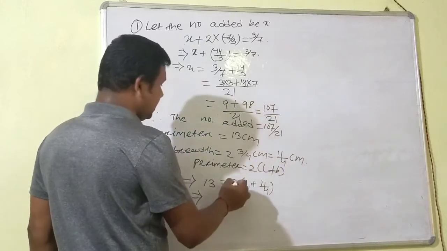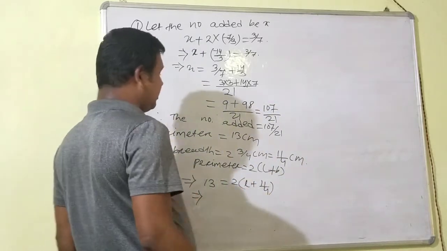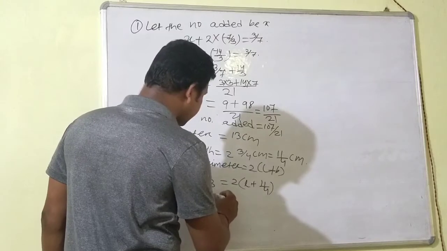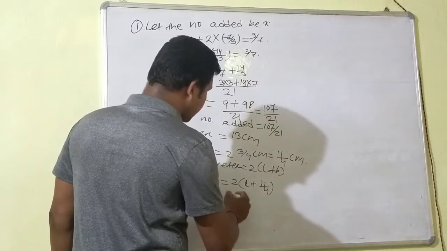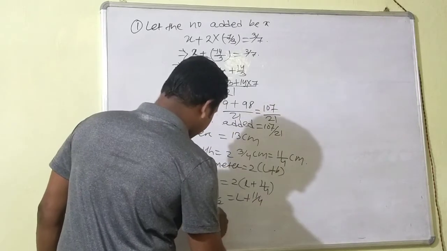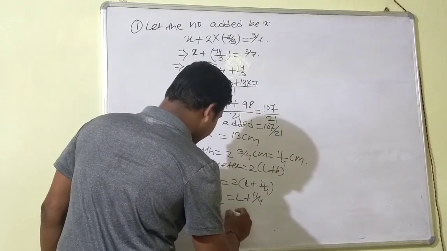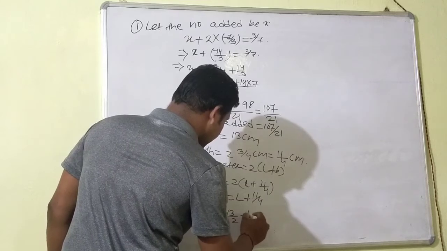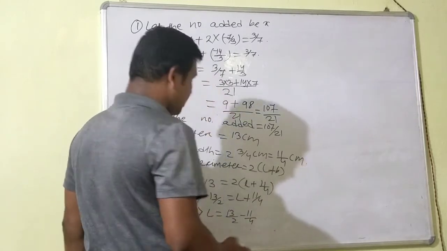Now the 2 on the right hand side will come to the left side and be divided: 13 by 2 equal to L plus 11 by 4. Now L will be equal to 13 by 2 minus 11 by 4.